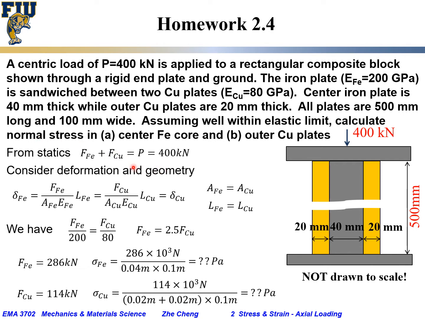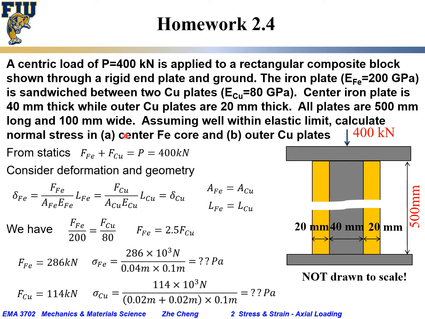From statics, the internal force in the iron and the internal force in the copper combined should equal the external applied vertical force P, which is 400 kilonewton.